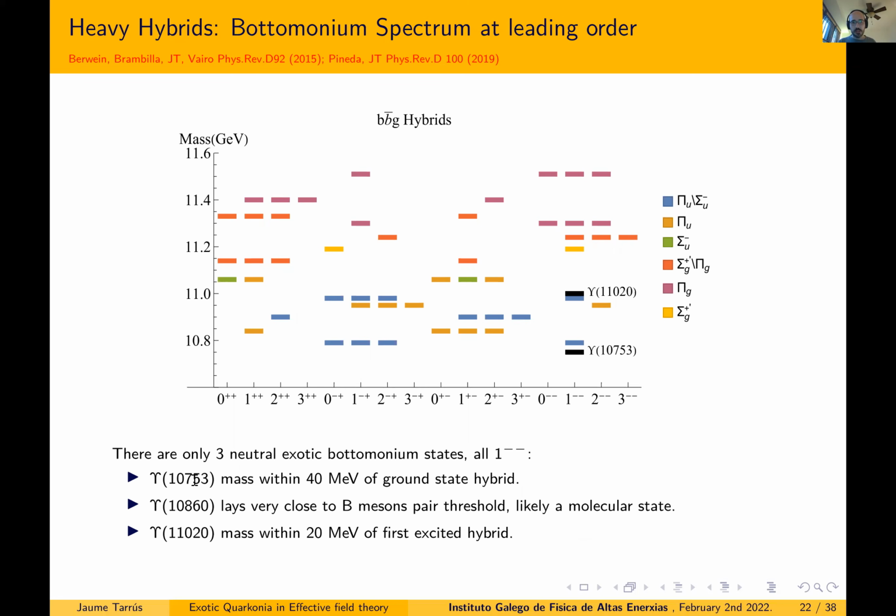Two of them, the 10,753 and the 11,020, fit nicely with our predictions, while the third one is in between here, very close to a B meson pair threshold. So it's very likely to be a shallow bound state of the 2 B mesons. I'm going to go back to these 2 later on, so keep those in mind.